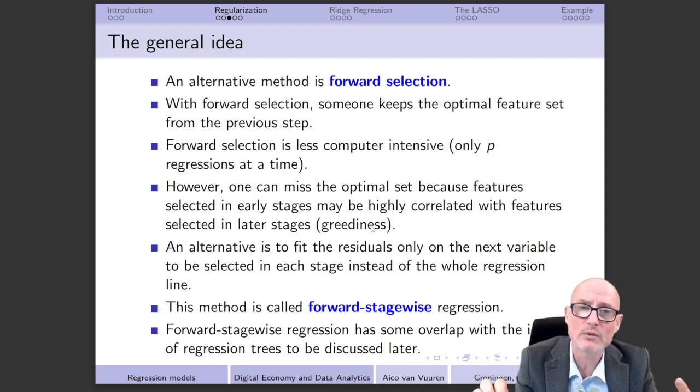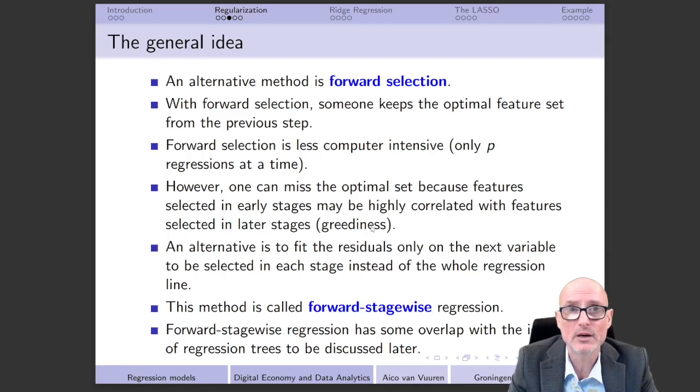But take into account that at that moment in time, it might not be that interesting anymore to have this feature included. So it would have been better to exclude it and to take other features into account. You should realize that that can be done using best subset selection, but it cannot be done when we use forward selection, because forward selection doesn't allow that as an algorithm.